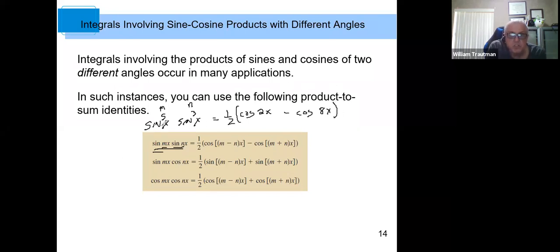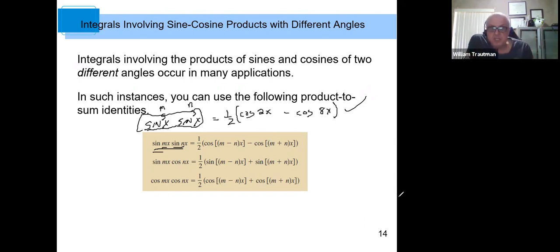So they have you change sine 5x times sine 3x to this, and then integrate it. That's how that works. Once again, something else we need to have in front of us when these problems come up.